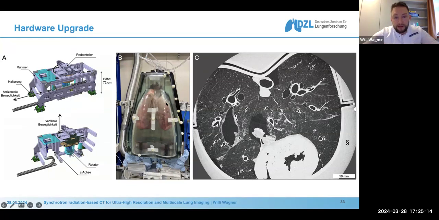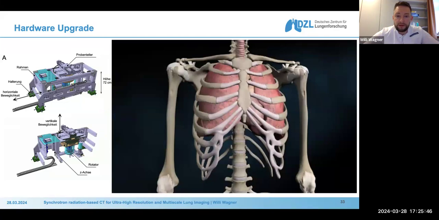This case here was entirely filled with water, and the new rotator is still able to very accurately and precisely turn this bulky specimen around, and is also set up to look at patients. It also now gives us the opportunity to do 360-degree scans to actually capture the size of an entire chest, also in a human.